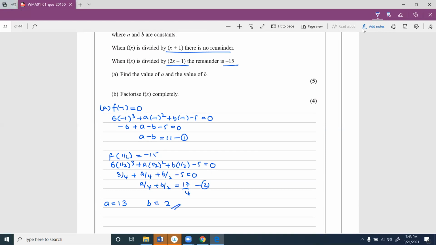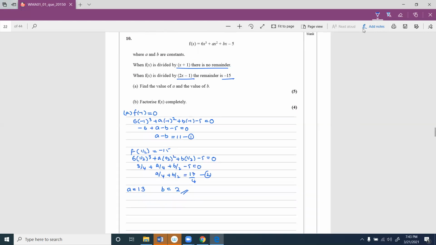Factorize f(x) completely. Now you can understand that this equation turns into f(x) equals 6x cubed plus 13x squared plus 2x minus 5. Then how do you factorize it?